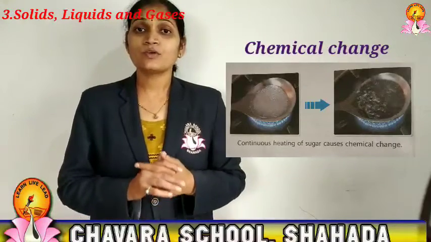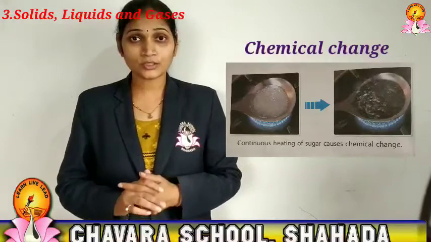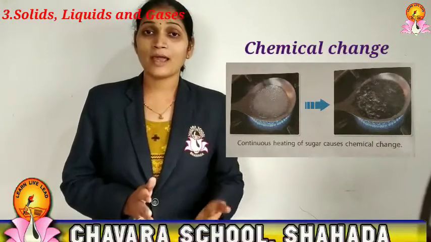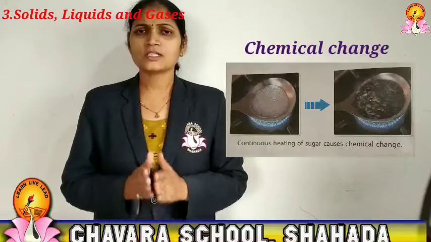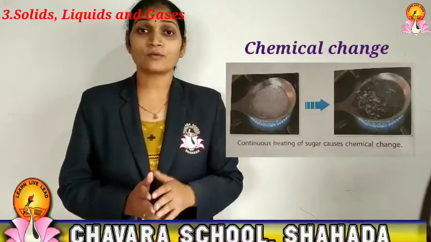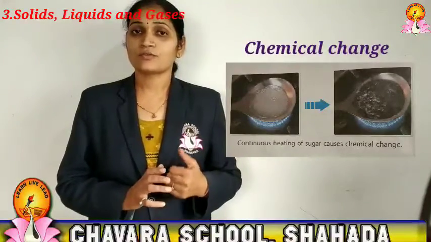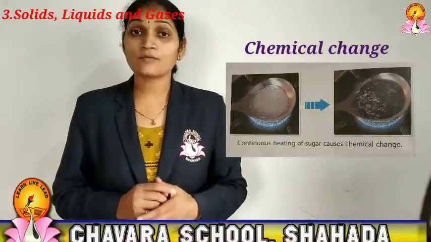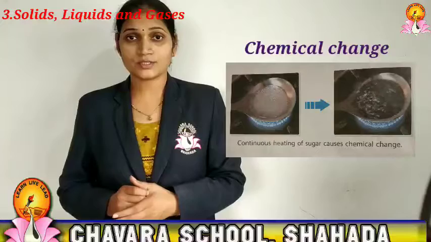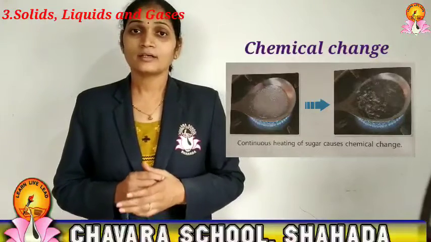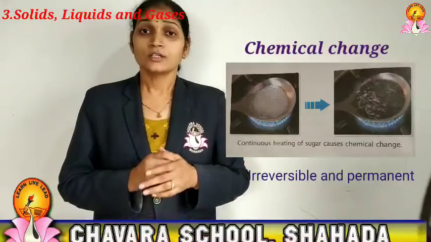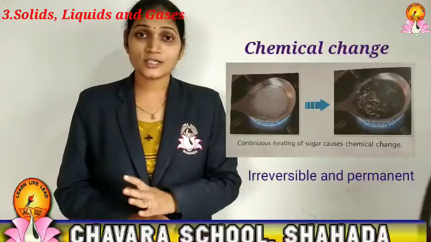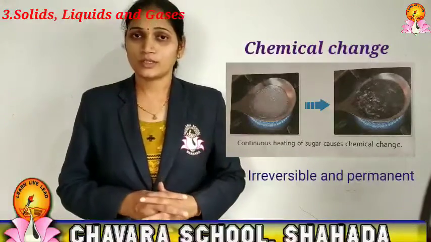Then as you give more heat, the sugar changes into a black substance, which is completely different from the normal sugar. So by heating the sugar, we get a new substance, black carbon, and the properties of carbon are fully different from sugar.